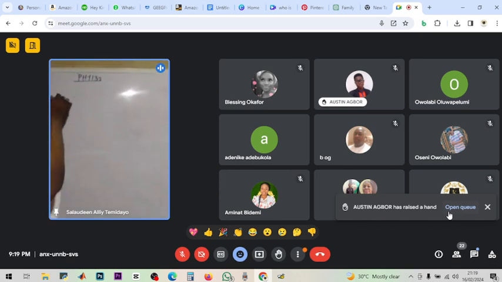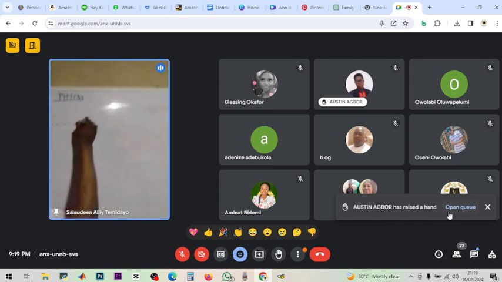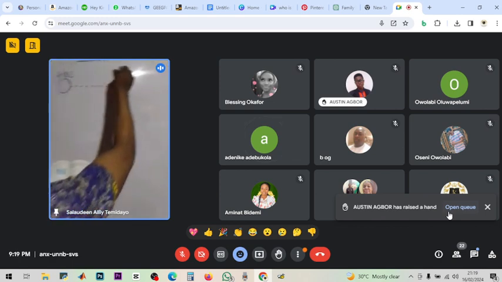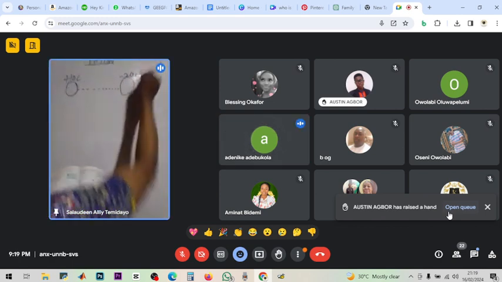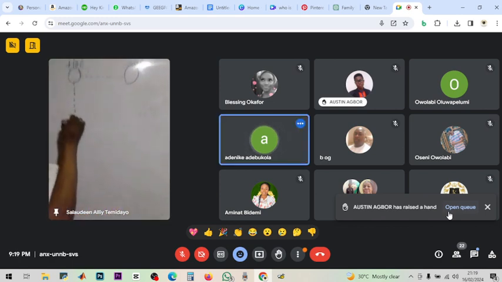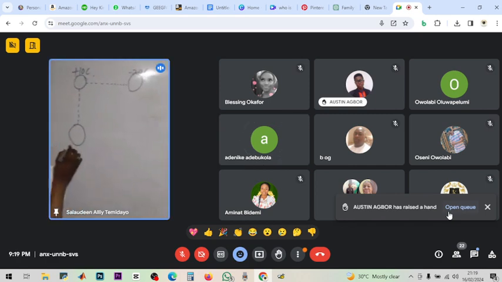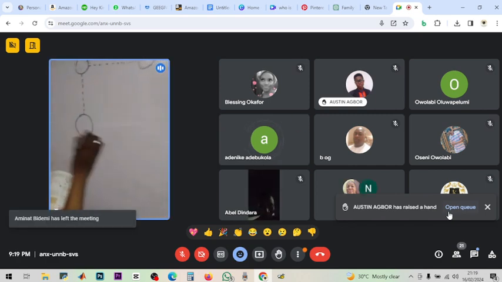So this is the one given: 10 coulombs, plus 10 coulombs. So we can see this is positive, right? Then this is minus 20 coulombs, and this is minus 16 coulombs.